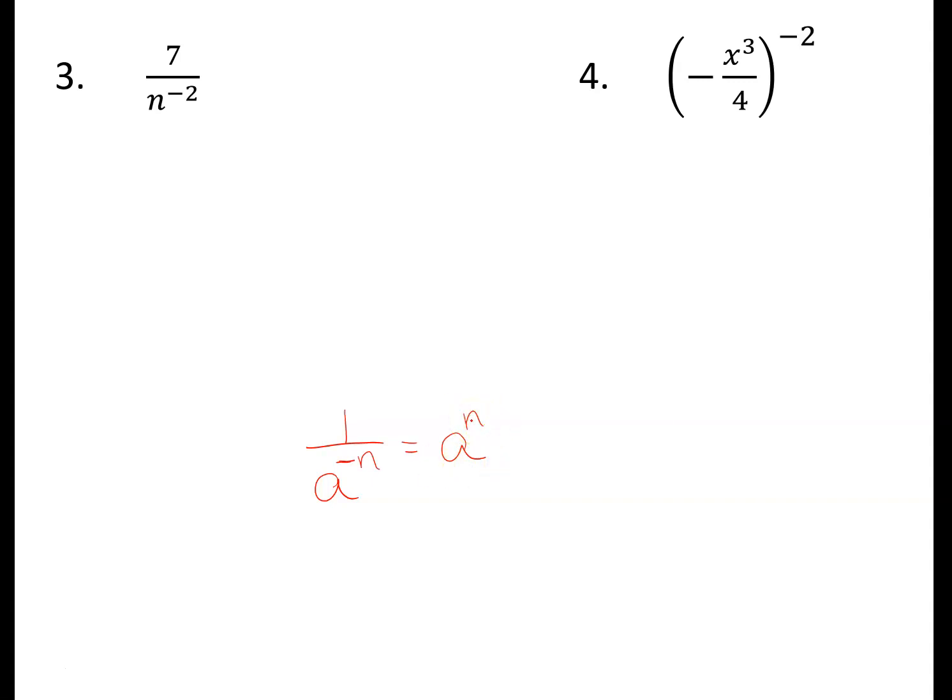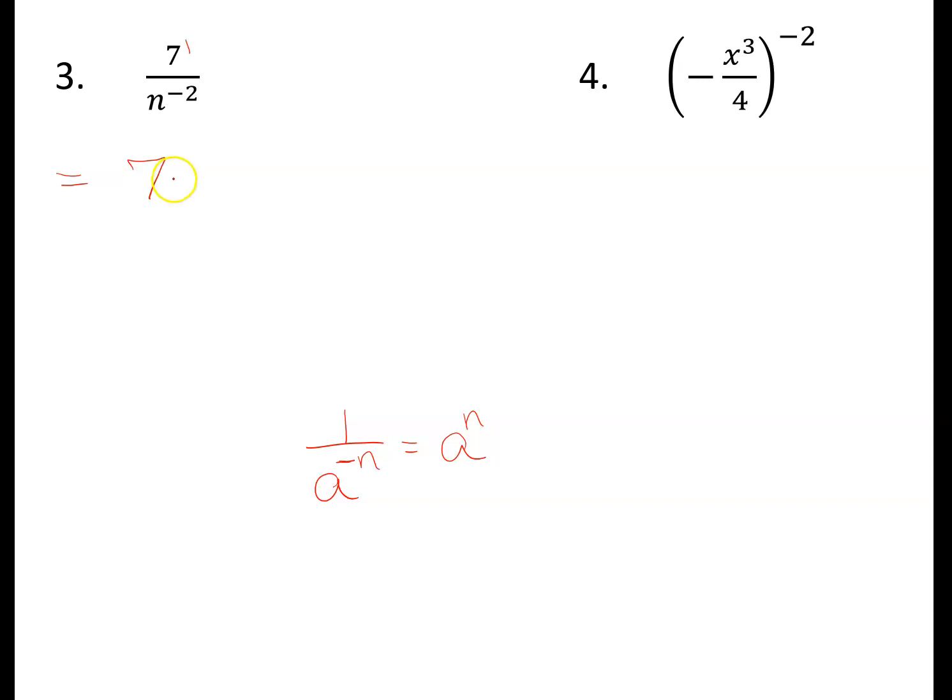But when we move it to the top, we don't have to write it as a fraction anymore. Now, we happen to already have a 7 in the top. So that 7 stays on the top. It does not move, okay? Its exponent would be a positive 1 if you were to write it. So its exponent's already positive. That means the 7 does not move.